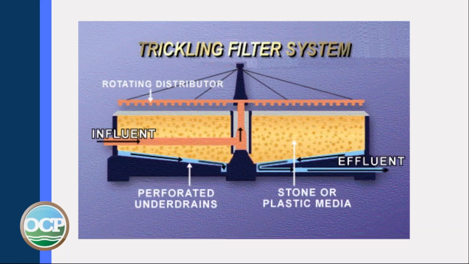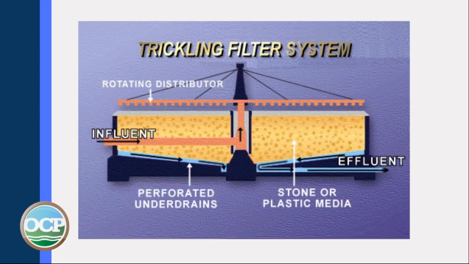Here's a cutaway view of a trickling filter. At the top, you have your rotating distributor that evenly distributes water over the top of the media. Your influent gets to the arm, goes up through a pipe and comes out through the distribution arm. The water will flow down through the media.